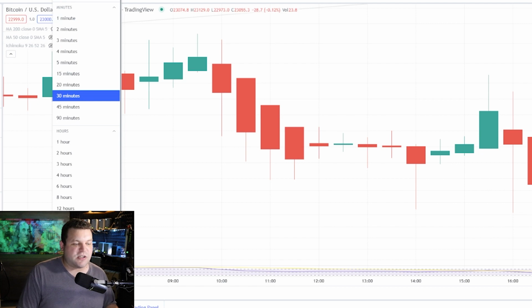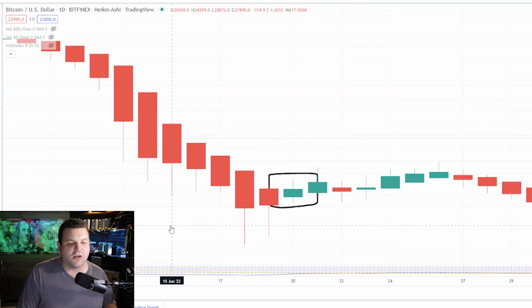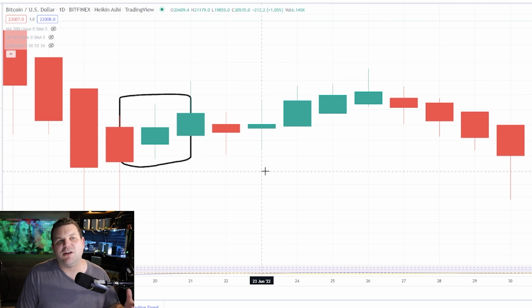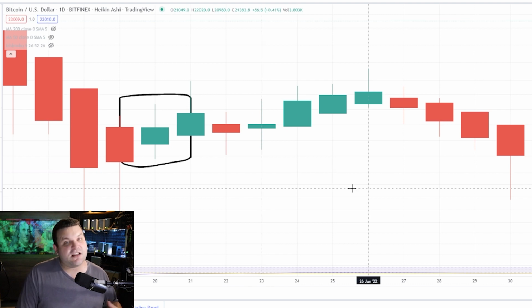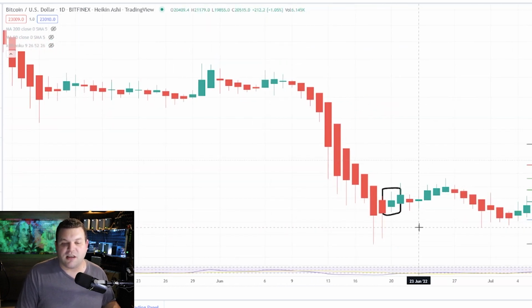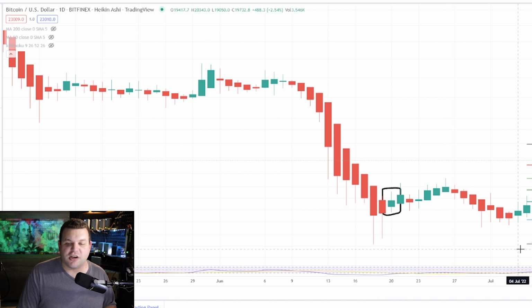Now, I've always found that when we're looking at candlesticks, it's important to use them to your advantage, where you can try to figure out where the market's momentum is going, at least in my experience. One thing that I truly look for is any type of bullish engulfing.